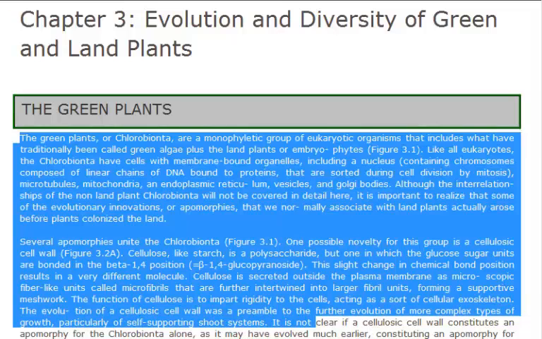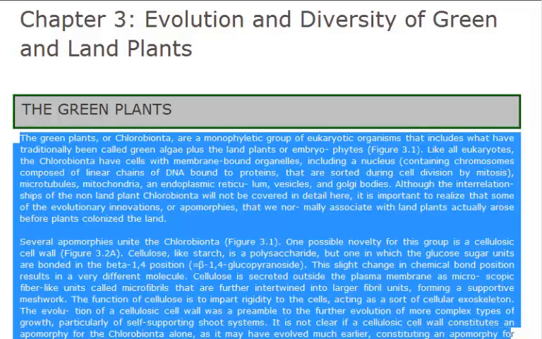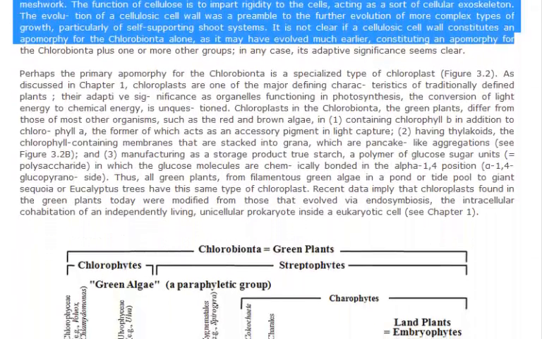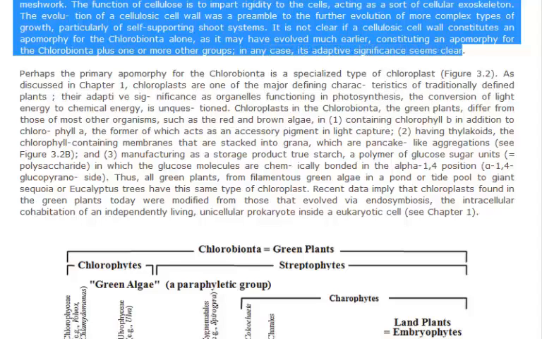It is not clear if a cellulosic cell wall constitutes an apomorphy for the Chlorobionta alone, as it may have evolved much earlier, constituting an apomorphy for the Chlorobionta plus one or more other groups. In any case, its adaptive significance seems clear.